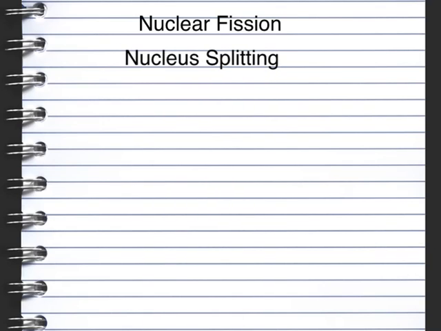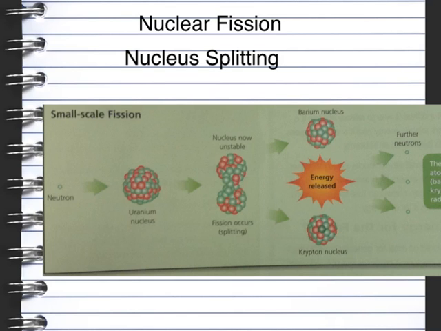Now if we have a look at what it actually does, we can look at this diagram here. When a neutron is fired into a nuclei, normally a big nuclei such as this uranium nucleus, this addition of the neutron causes it to become unstable.